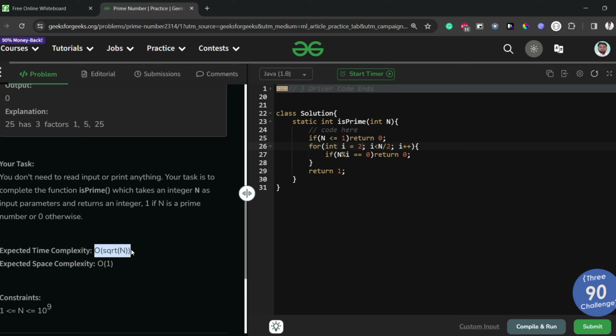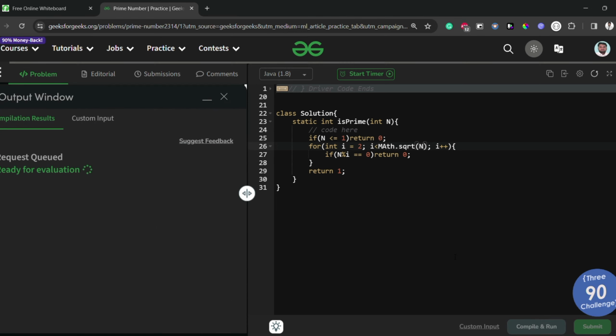Here we have to solve it within the time complexity of big O of square root of n. We don't have to go up to n by 2 length. We can do some correction here: Math.sqrt of n, it will also be fine. It is also showing the same.